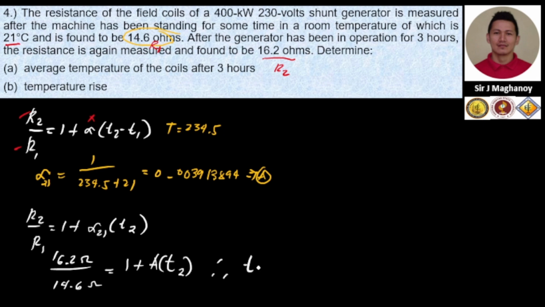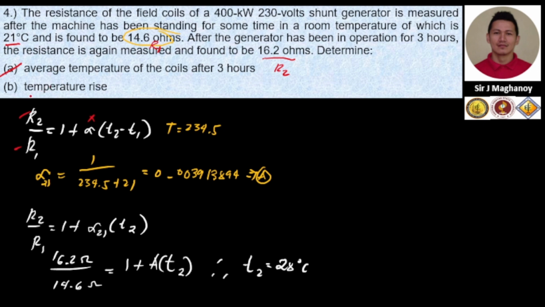So finally, your T2 is equal to 28 degrees Celsius. Now, we already determined A.